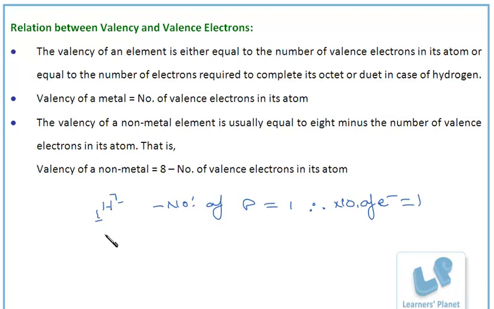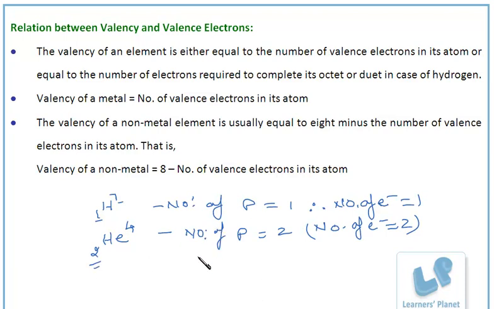Say if I take a noble gas element, that is helium, the atomic number is 2 and the mass number is 4. In case of helium, the number of protons is equal to 2 and therefore the number of electrons will also be equal to 2. So hydrogen needs to complete its duet.